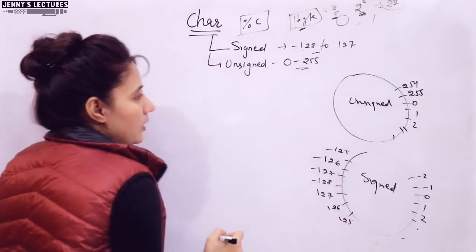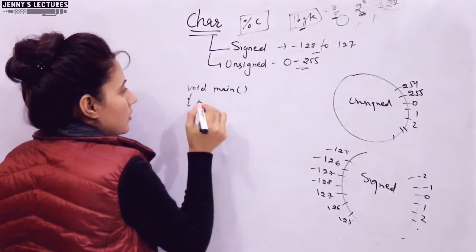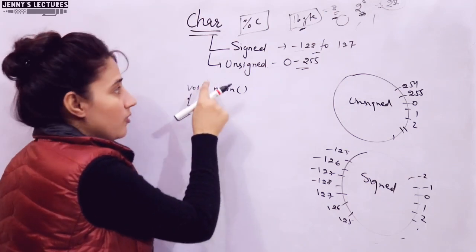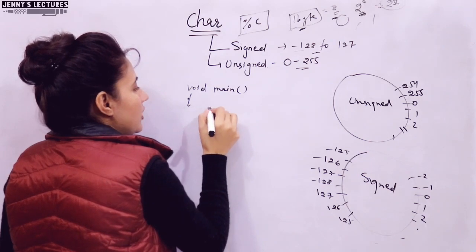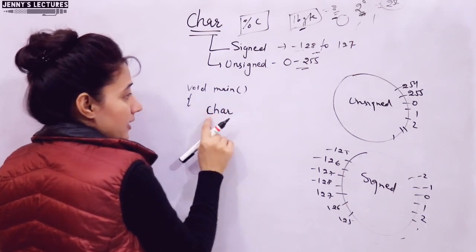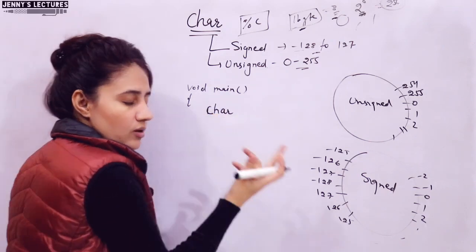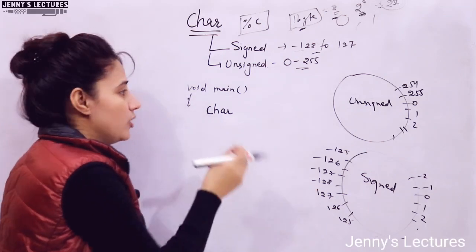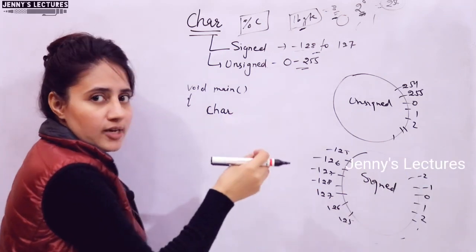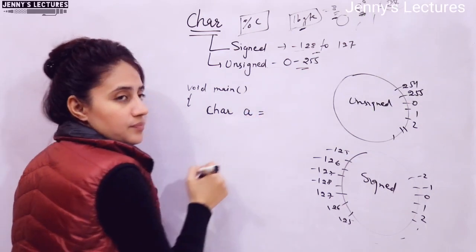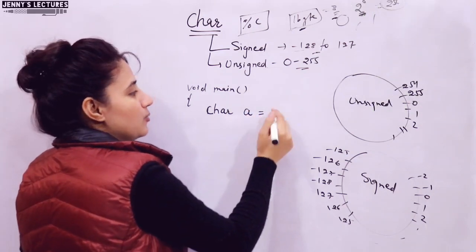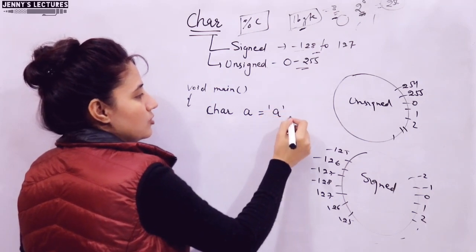These values we have. Now please include the header files also. I am not writing header files again and again every time, but you have to include them. Suppose the data type is char. Here we will take a variable name. You can take any variable name, a, b, c, ch, anything. It's up to you. I am taking a, and initializing it with a character.